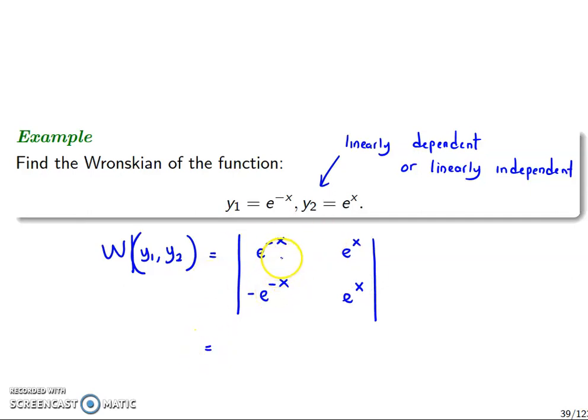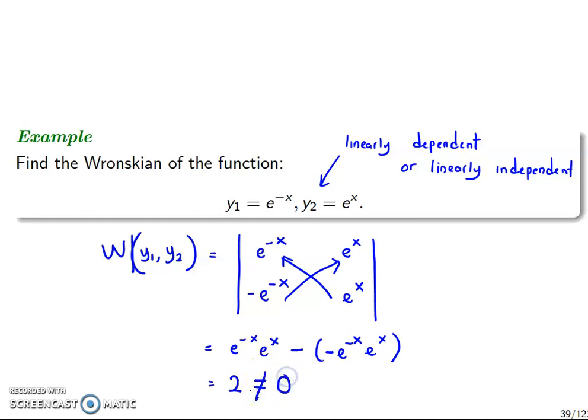Now take the determinant: this times this minus this times this. So e to the negative x times e to the x minus negative e to the negative x times e to the x. We have e to the power 0, so 1 plus 1, which gives 2, which is not equal to 0. When it's not equal to 0, we say it is linearly independent. That's the definition: you say linearly independent when the Wronskian is not equal to 0.